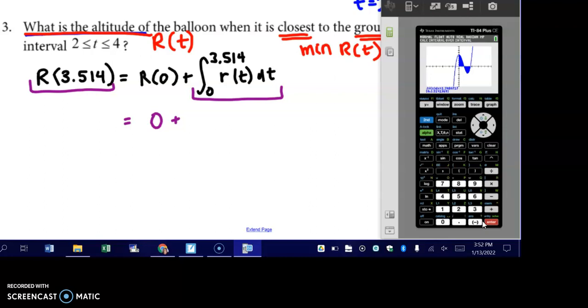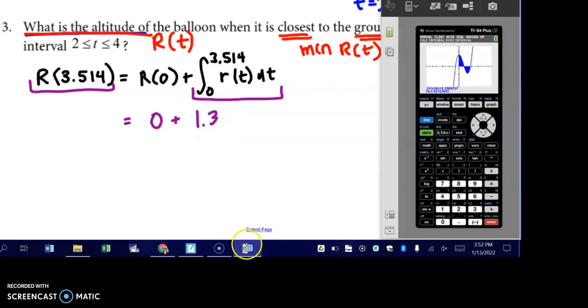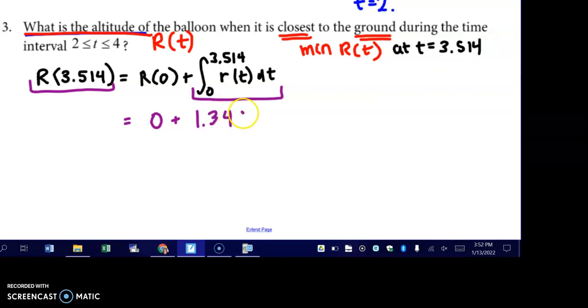Looks like my displacement is 1.348. Which means that my altitude at time 3.514 is 0 plus 1.348, which is really just 1.348 kilometers.